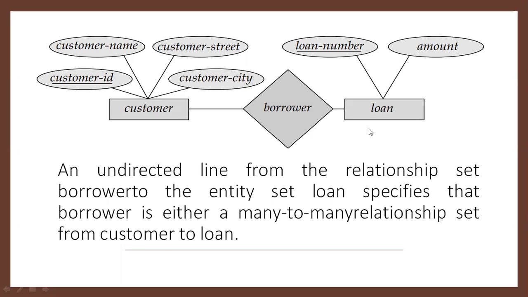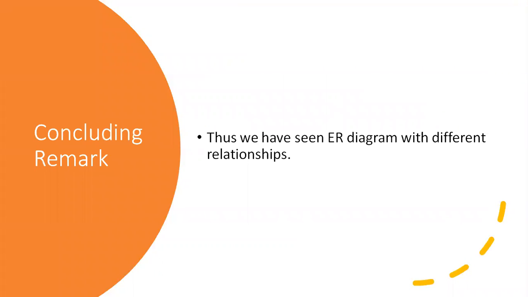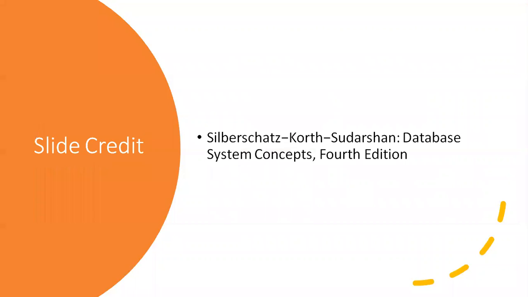So all the examples, all the diagrams we have seen. I hope you cleared the point. Thus we have seen ER diagram with different relationships as mentioned. Slide credit goes to the authors of the book Database System Concepts, 4th edition.